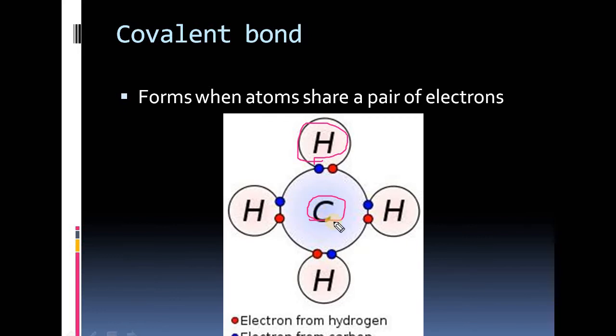The carbon can share 4 electrons, and each hydrogen atom can share only 1 electron. So this is how the covalent bond forms. This is a pair of electrons being shared between a carbon atom and a hydrogen atom.